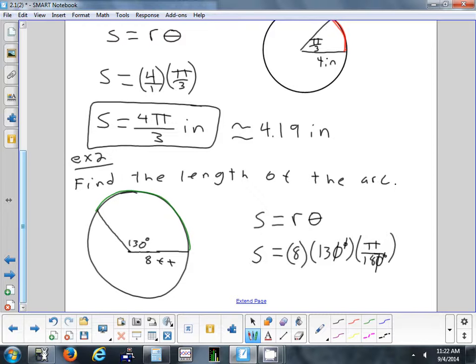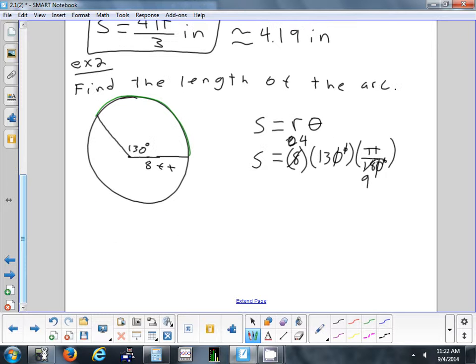What goes into 8 and 18? 2. So 2 goes in 4 times. 2 goes in 9 times. So we're left with 4 times 13.